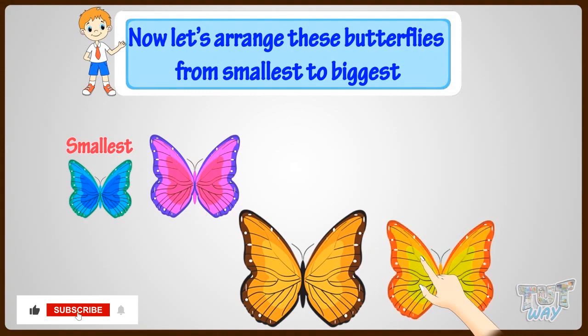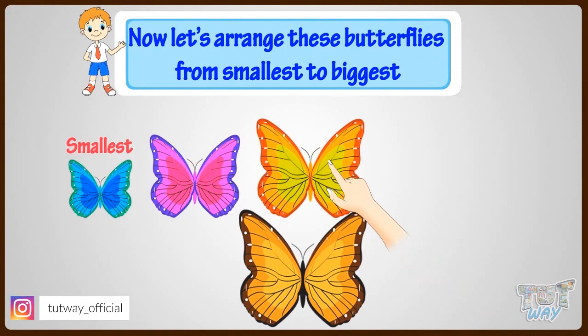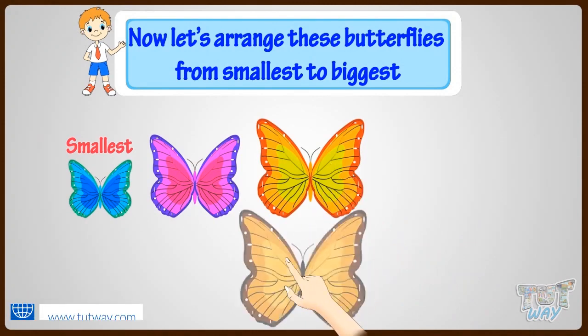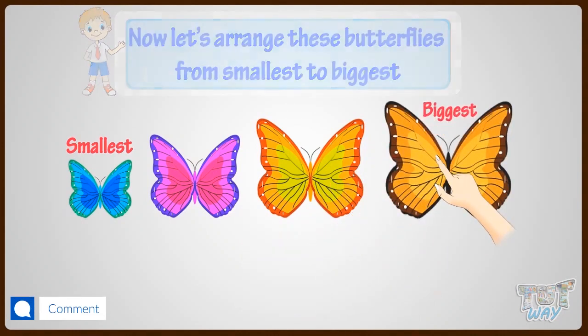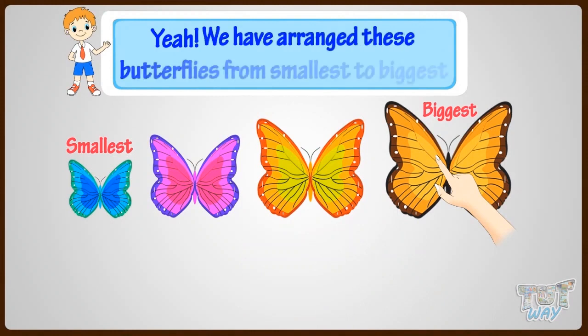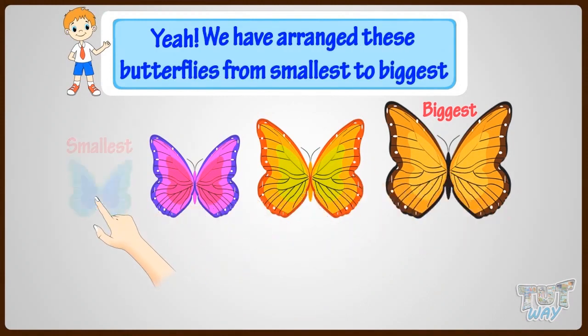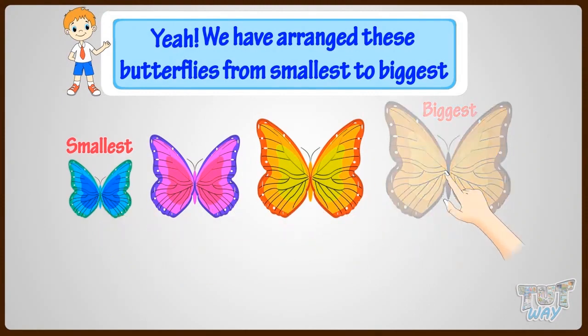This one is even bigger, so comes next. Yeah! This one is the biggest of all, so comes last. Yeah! We have arranged these butterflies from smallest to biggest. Good.